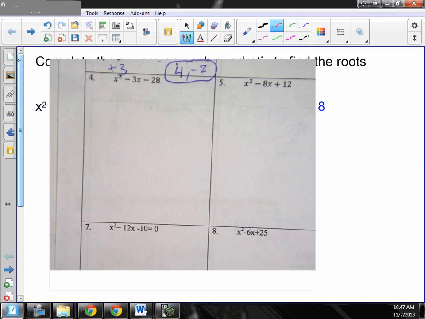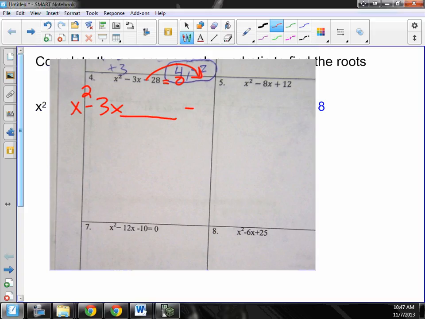Number 4. Set it equal to 0. Add 28 to the other side. x squared minus 3x. Leave a space. Equals 28. Okay.